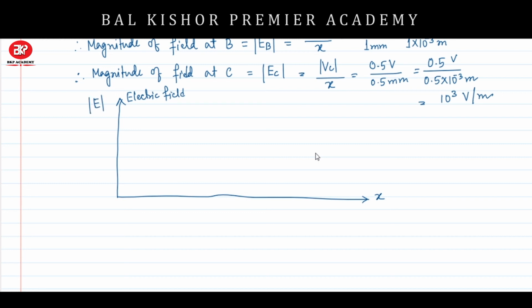This electric field value is constant throughout the semiconductor bar, so the plot will look like this.